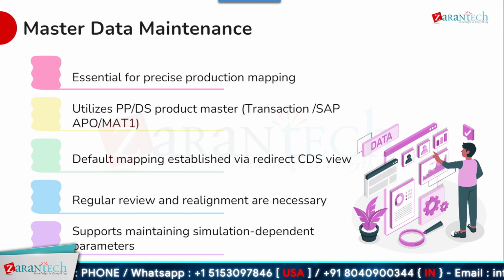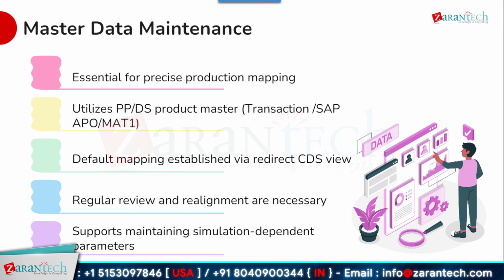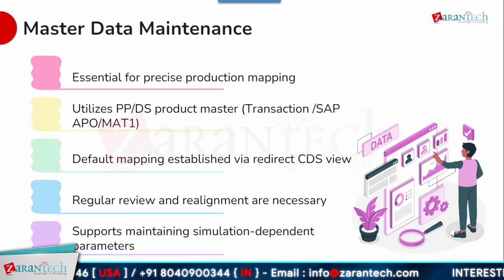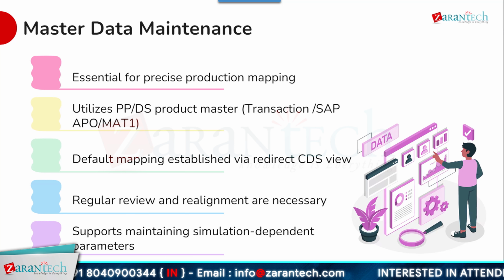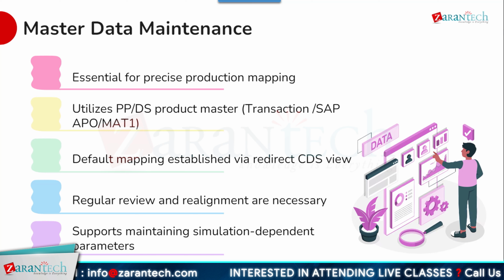Then PPDS utilizes a separate production master, that is transaction or SAP APO, to store planning relevant information. Regular review and realignment of master data are very necessary to ensure accuracy and consistency. PPDS also supports maintaining simulation dependent parameters such as resource capacities and setup times, which can vary based on different planning scenarios.